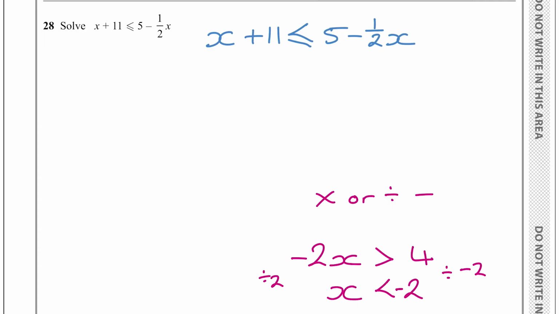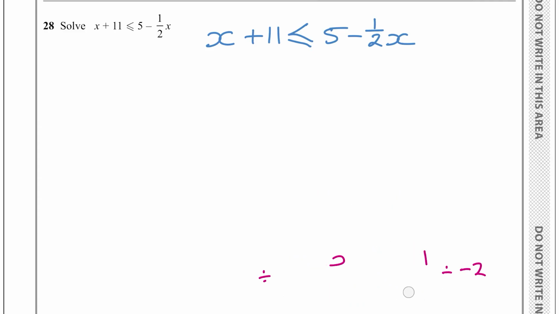But I think it's much easier to avoid doing this altogether. And what I would do in this situation is I would add the 2x and subtract the 4 and just switch the sides over. But you're not going to worry about that in this. So our first step is let's get rid of this fraction. So we're going to multiply by 2 to get rid of the fraction, but we have to multiply both sides, both terms by 2.